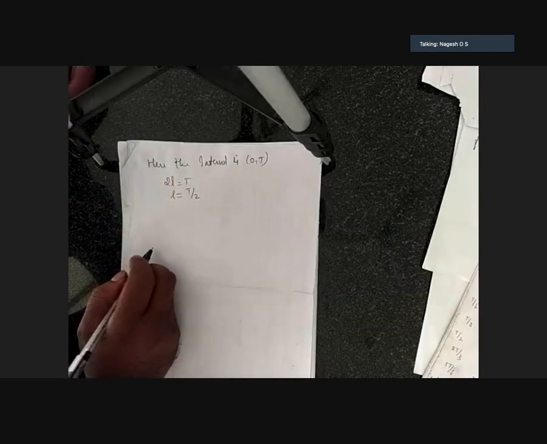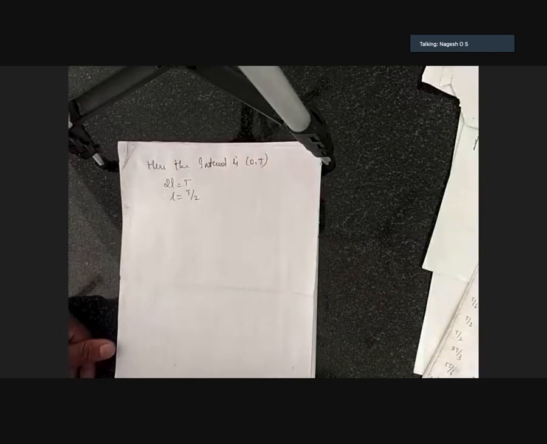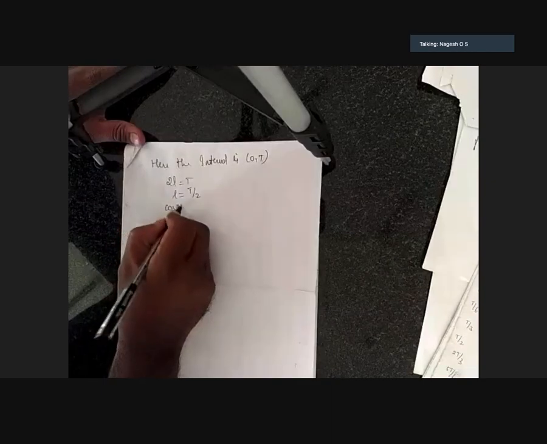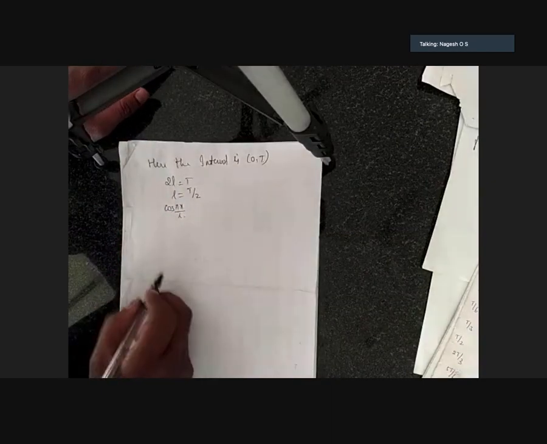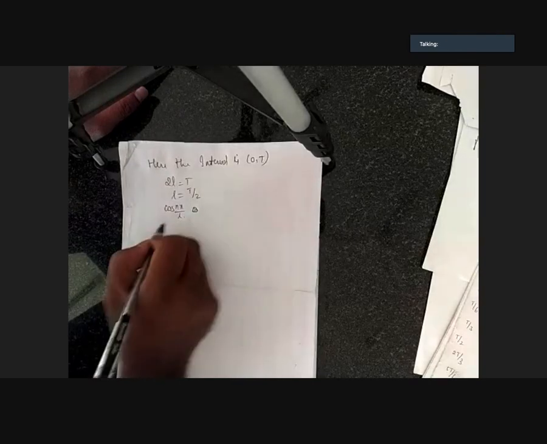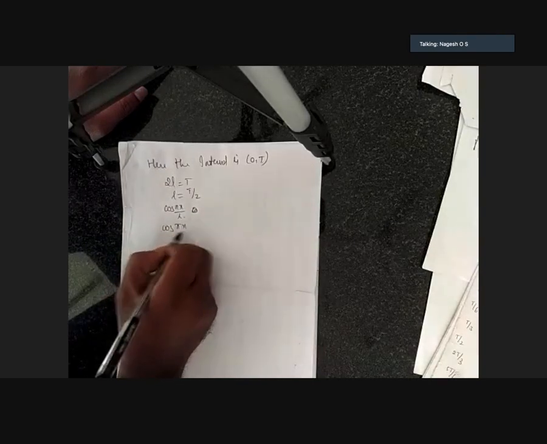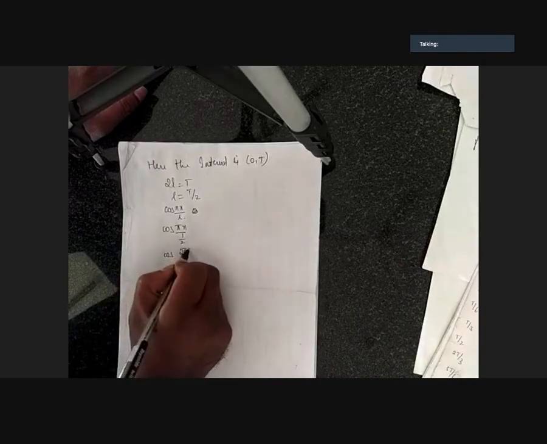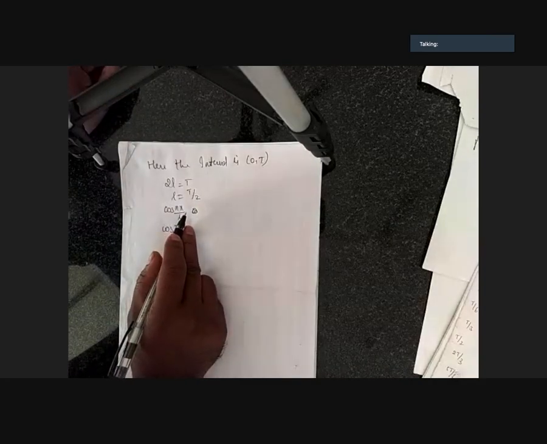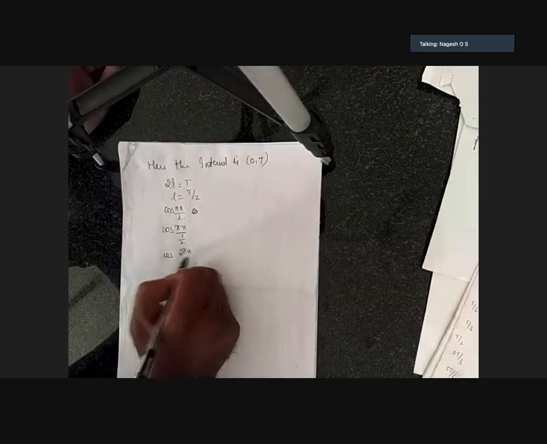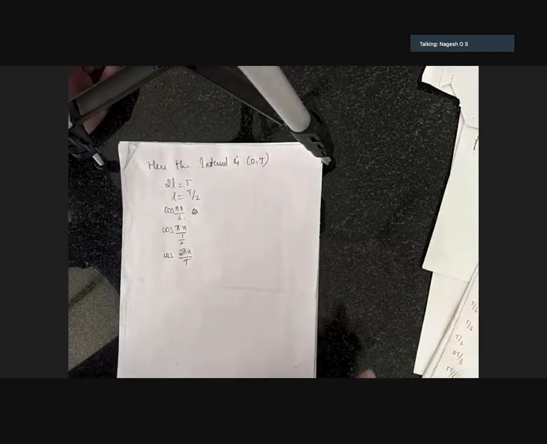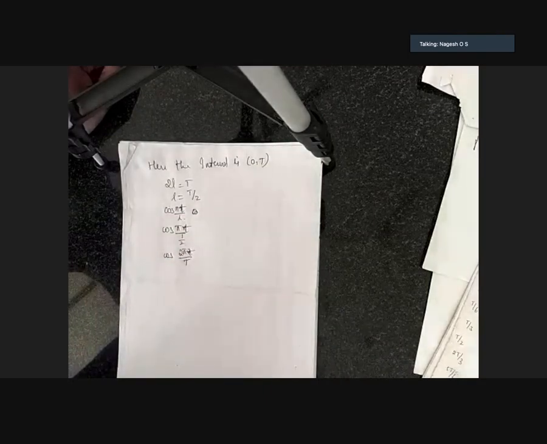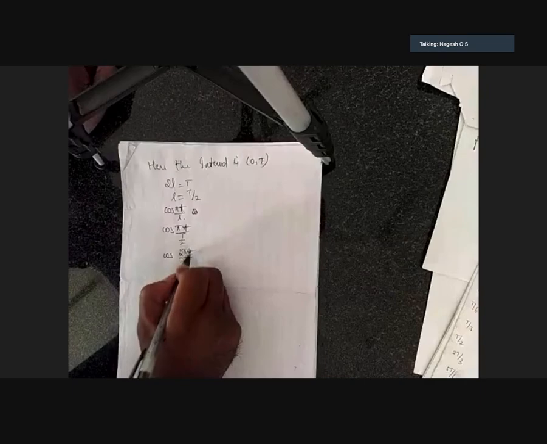If you see that previous one, cos pi x by L we took, right? So L value is T by 2, so cos pi x by T by 2, cos 2 pi x by T. But we don't have x, we have T, therefore this will become T. In the problem you can see they gave T time.